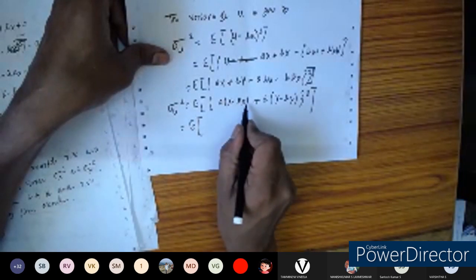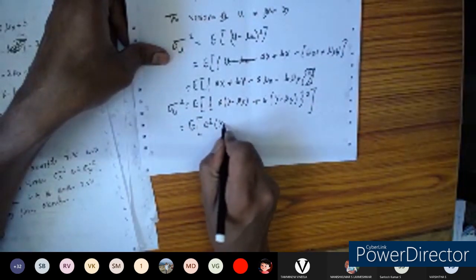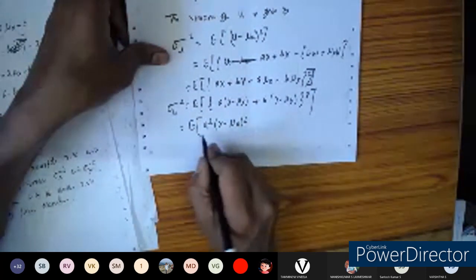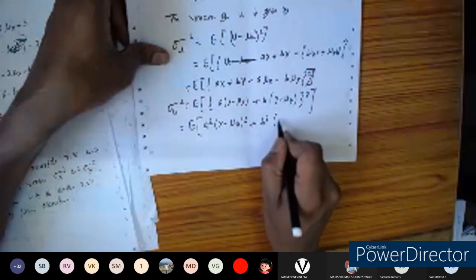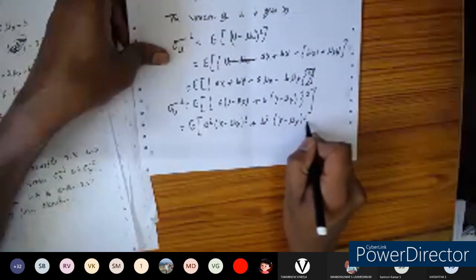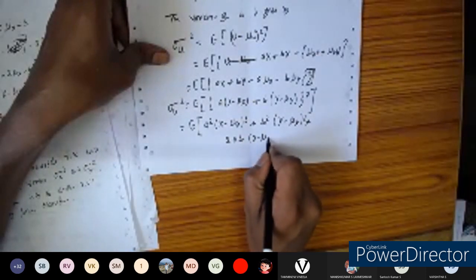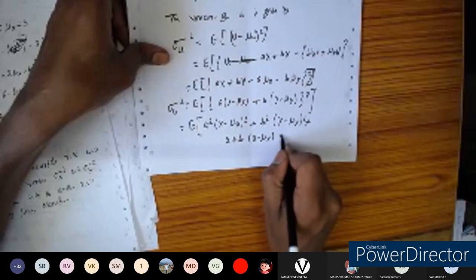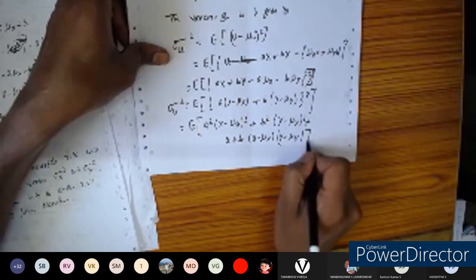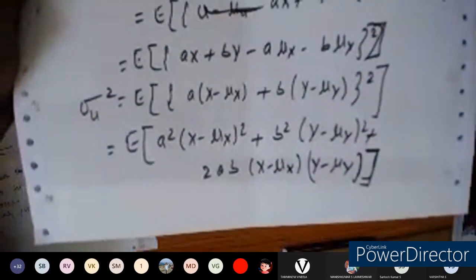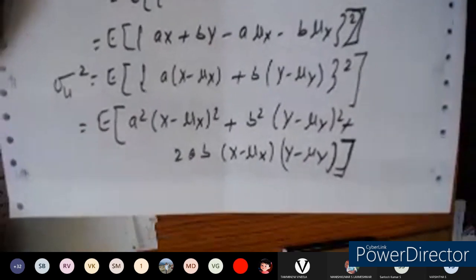The first term, a into x minus mu x, the whole square, becomes a square into x minus mu x the whole square, plus b square into y minus mu y the whole square, plus 2ab times x minus mu x into y minus mu y.